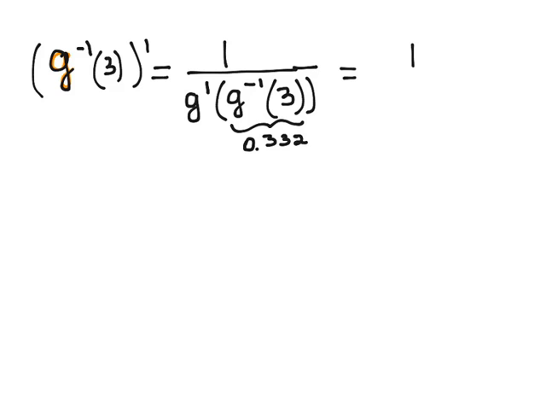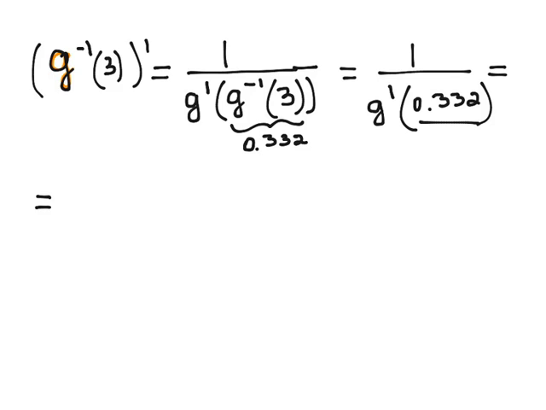Therefore, you get 1 over g prime of 0.332. All you have to do now is just find the derivative of g, the original function, and replace x with 0.332, and just finish your problem.